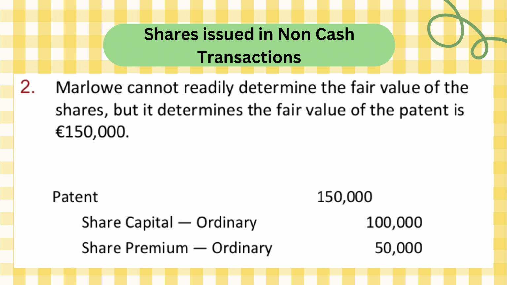This is the second scenario. Marlowe cannot readily determine the fair value of the shares, but it determines the fair value of the patent as 150. So again, if you don't have the fair value of the patent, you have the fair value of the shares, so you're going to use one of them. So it determines the fair value of the patent is 150, so the patent will go up on the debit side by 150,000, and on the credit side, your equity is increasing by share capital ordinary.